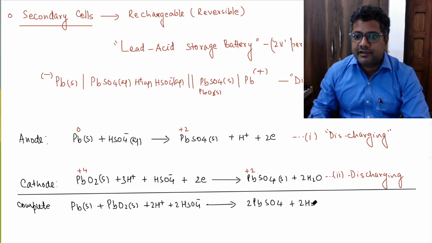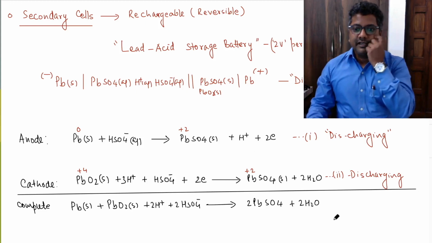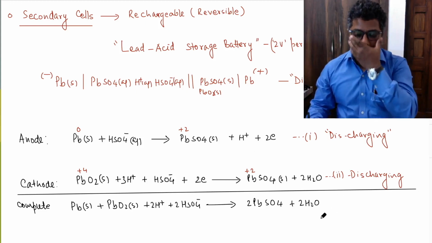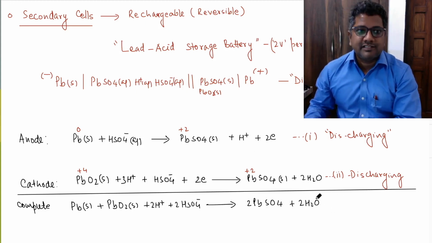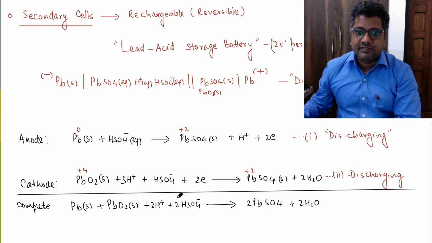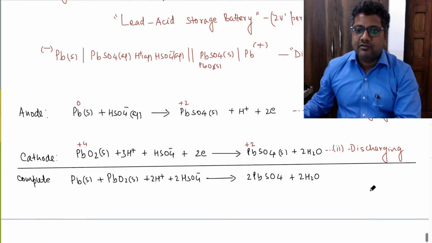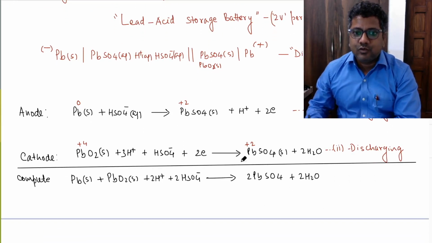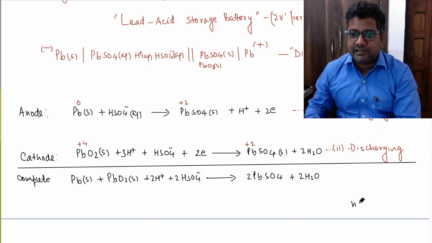So this is the net reaction, and many times due to rise in temperature, this water evaporates. So from time to time you have to add some water here, which helps in the ionization of these ions. Now see, the total moles of electrons involved in this complete reaction, n is equal to 2.